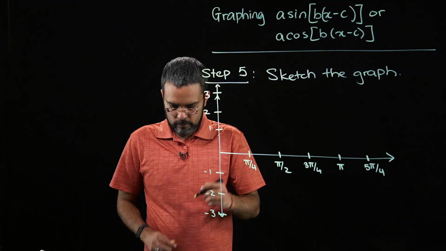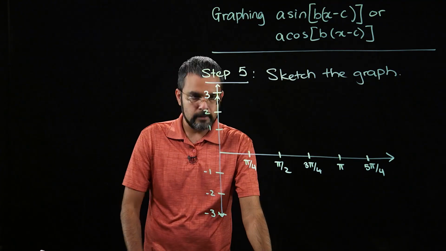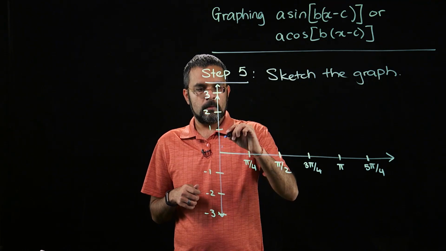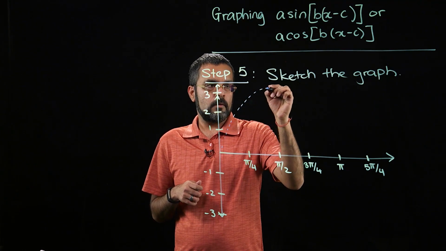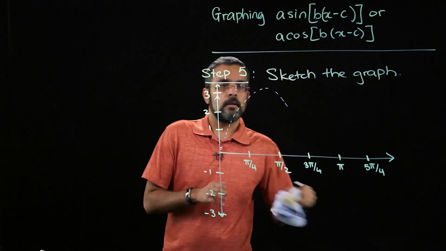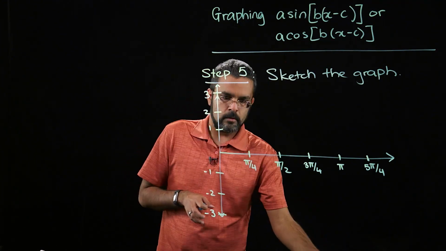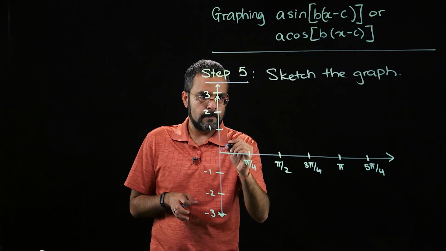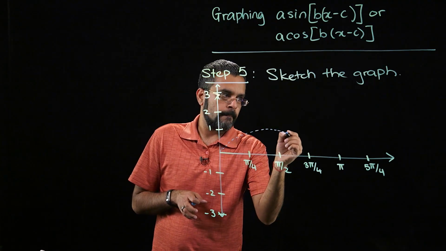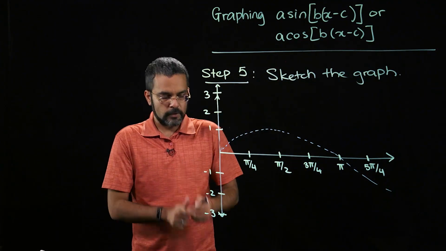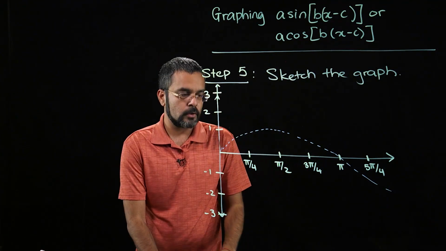Remember, our graph of the sine function normally looks like this. It goes there. What is our sine function going to look like? Well, our sine function is going to look something like that.